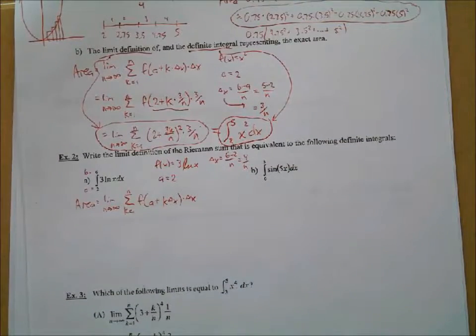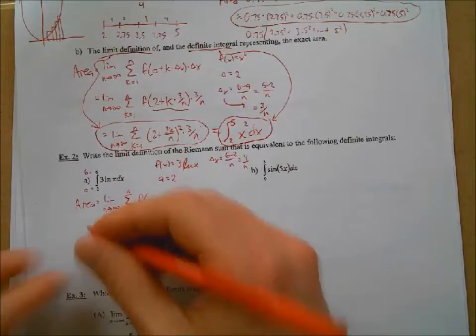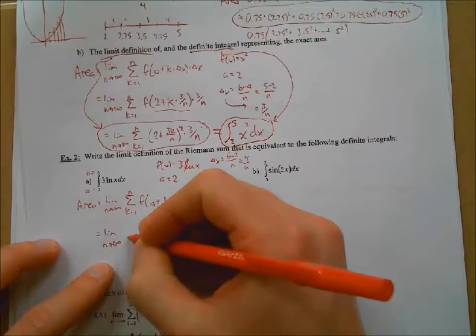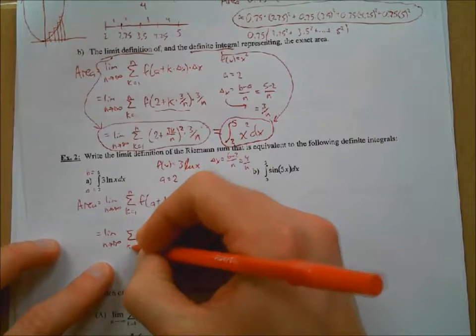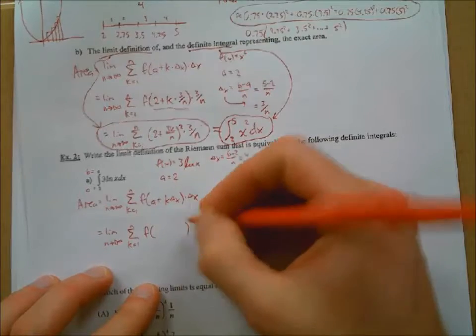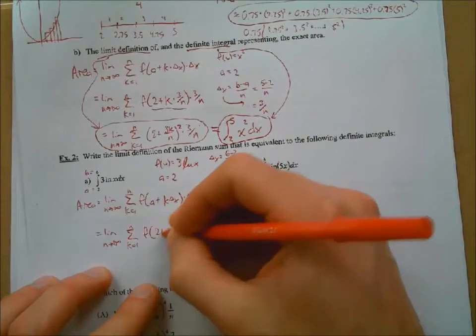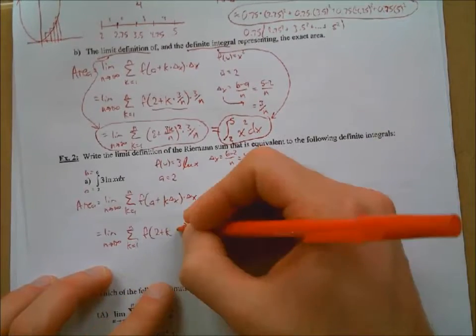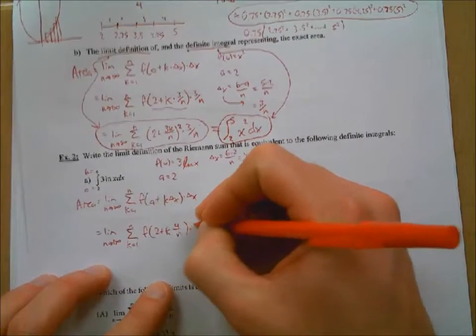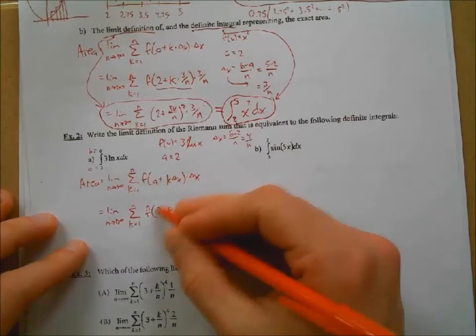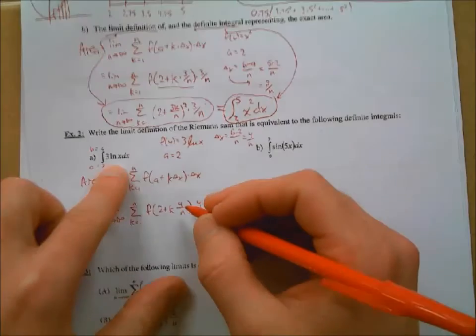Okay. So again, I'll do the same kind of two-step substitution I did last time. If you guys feel comfortable, you can substitute the whole thing at once. All right. So just take it step by step. I'll leave f there for now. We'll plug in 2 for a. K is going to be k. Delta x is 4 over n, times 4 over n on the outside there. Okay, and now we'll substitute this quantity in the parentheses into our function.